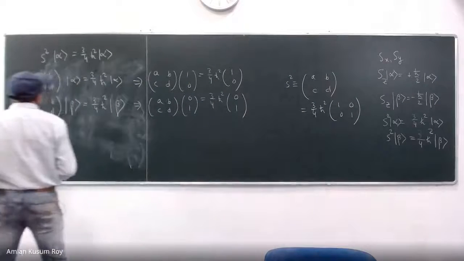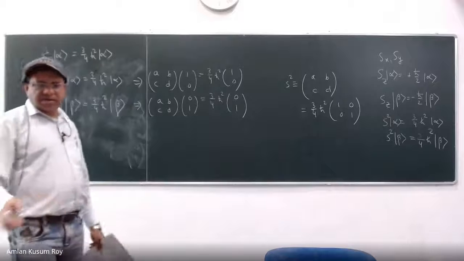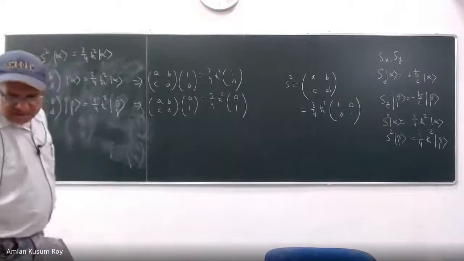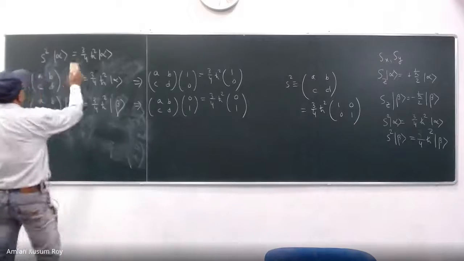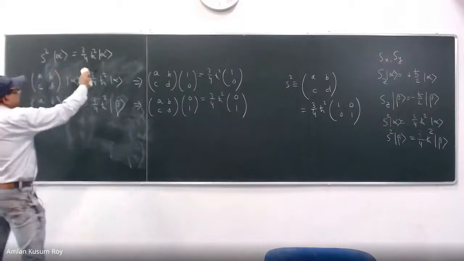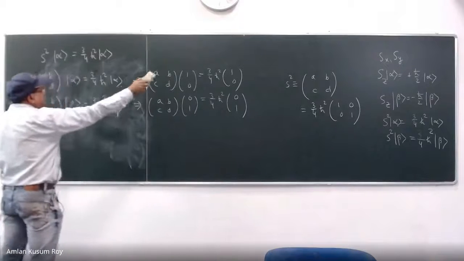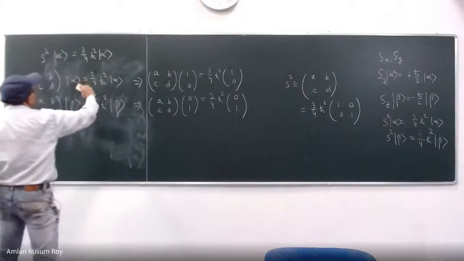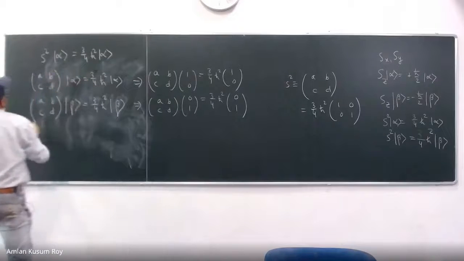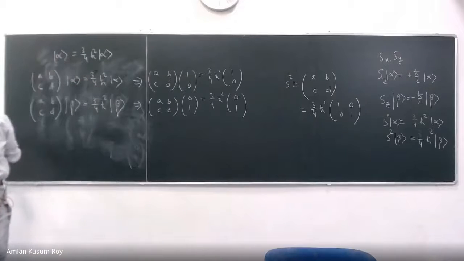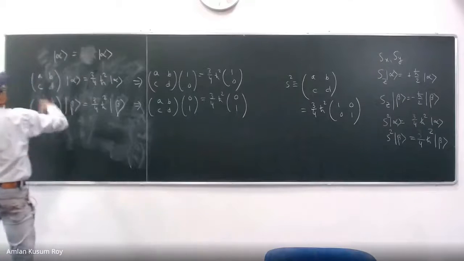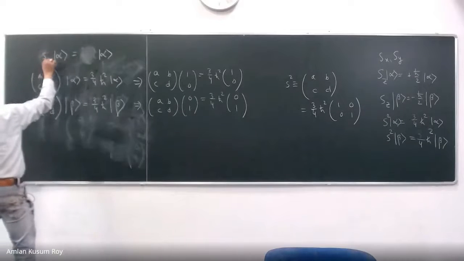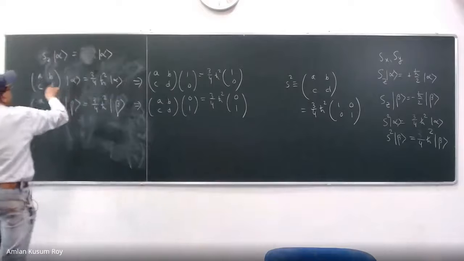Now I can replace these equations by the S square matrix. That is done. Now let us work it out for Sz. Sz alpha is equal to plus H cross by 2 alpha, and Sz beta is equal to minus H cross by 2 beta.